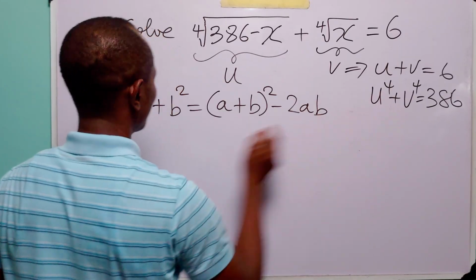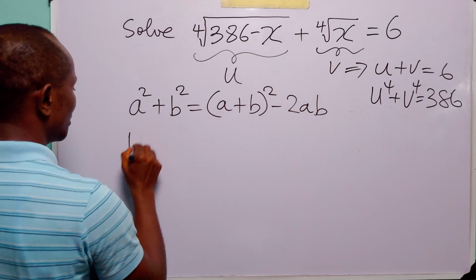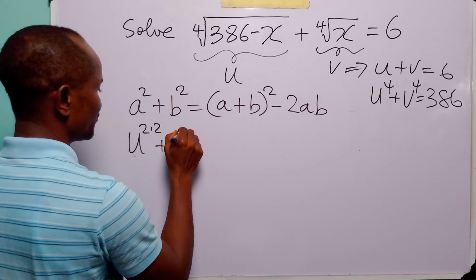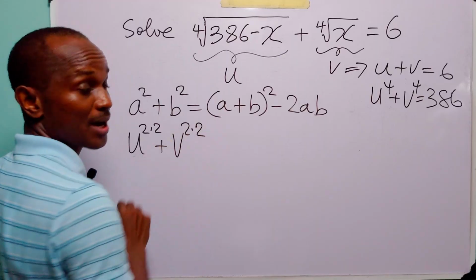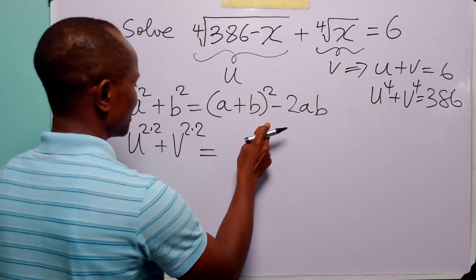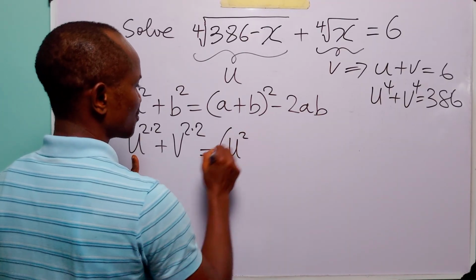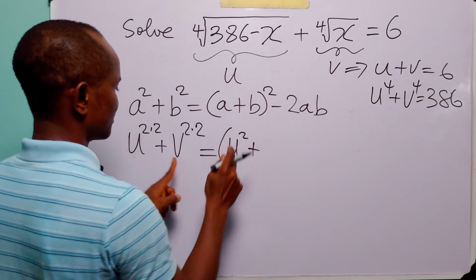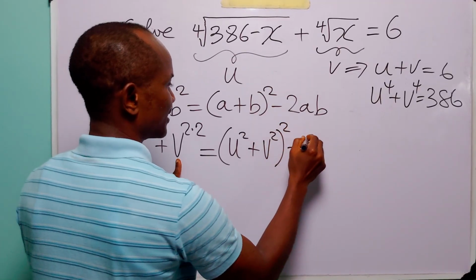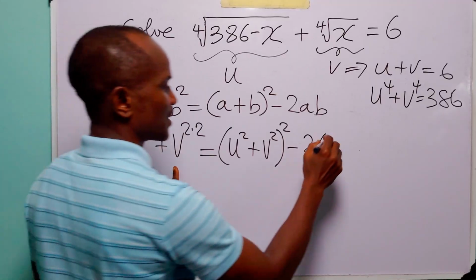If we write this second equation as u squared squared plus v squared squared, then the right hand side is going to be equal to u squared plus v squared minus 2 times u squared times v squared.